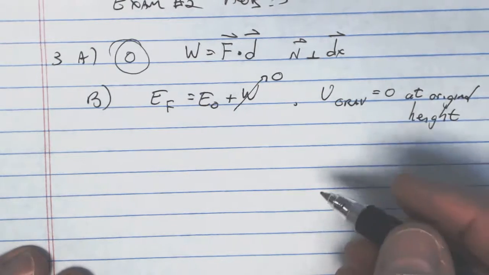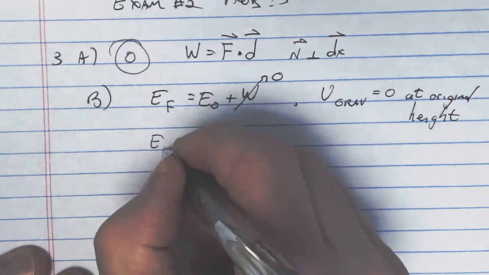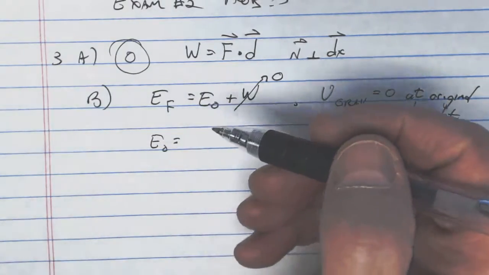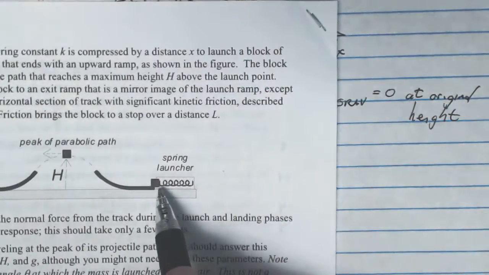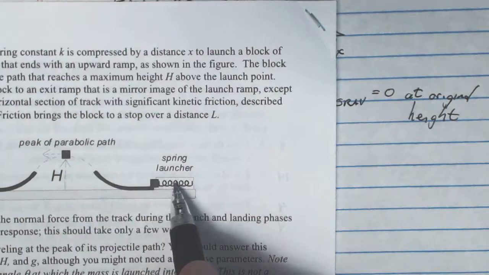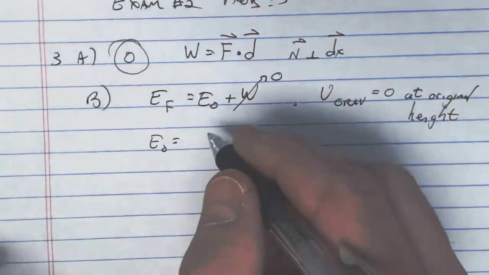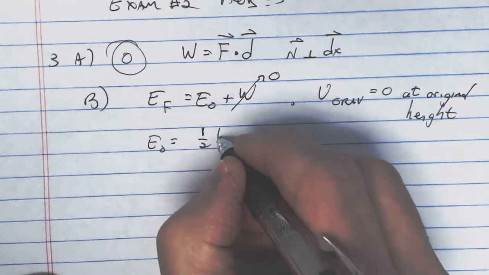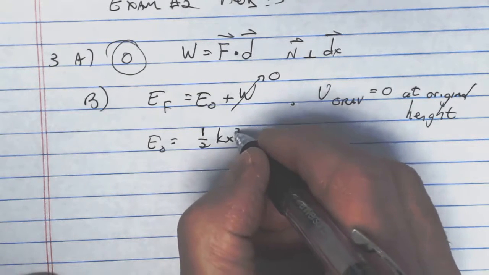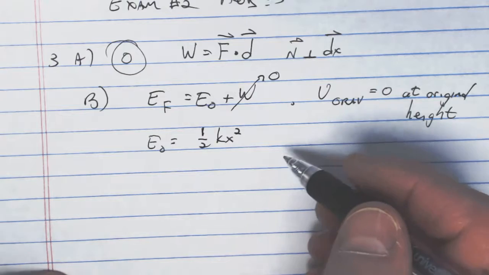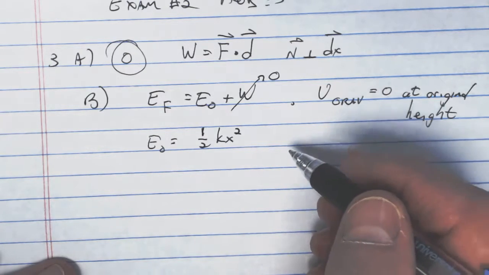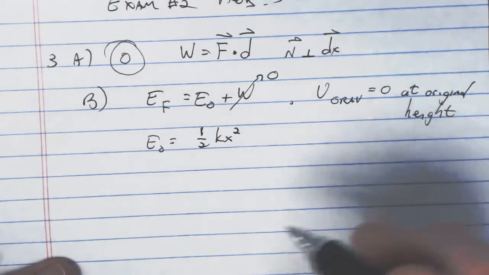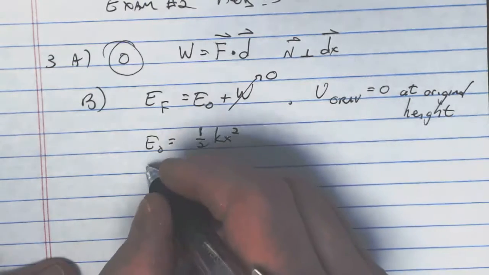So now we can start writing out terms. What's E naught? E naught is the initial energy when you compress the spring, preparing it for launch. You have to do work to do that, but that's not what we care about. So the spring will have an energy 1/2 k x squared when you compress it, and there's no potential energy because you're at the original height.